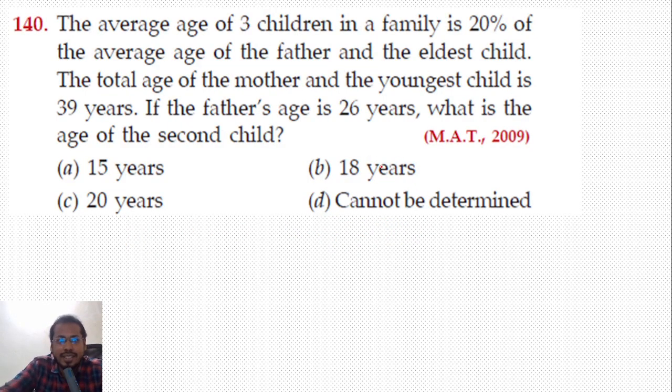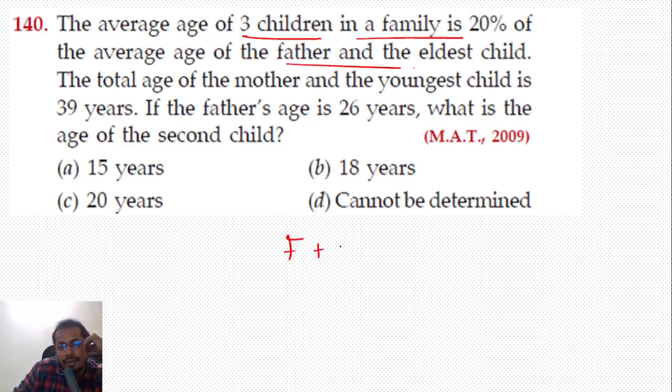Right. Next one. The average age of 3 children in a family is 20% of average age of father and the eldest child. The total age of the mother and the youngest child is 39. If the father's age is 26, what is the age of the second child? Okay. Father plus eldest son, 3 children ku 20% அப்படினு சொல்றாங்க.